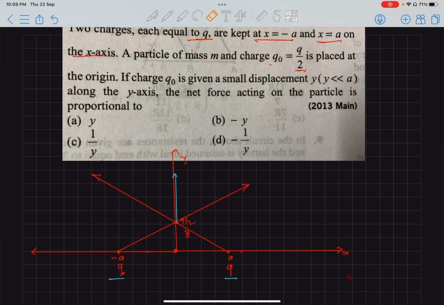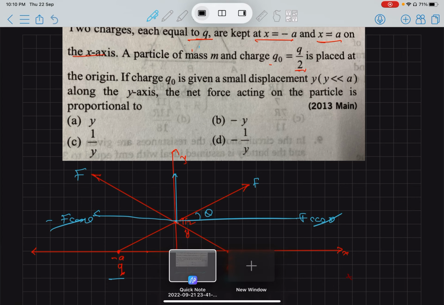If this force is F, then we know F cos theta, and this angle is theta. Let us draw this again. This was F cos theta and this was also F cos theta in the negative direction. So let us say minus F cos theta, and both got cancelled.